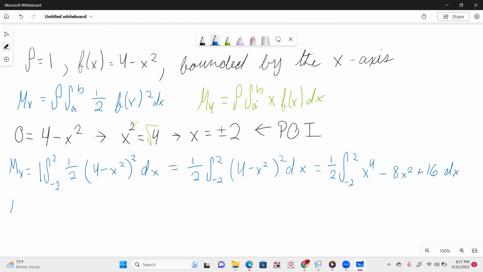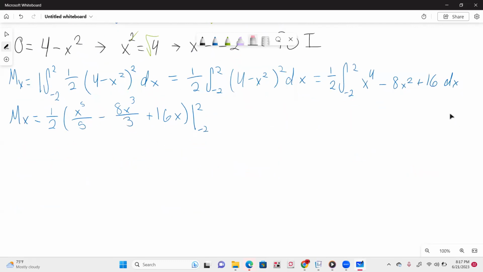So we have our mx is equal to half of x to the 5th over 5 minus 8x to the 3rd over 3 plus 16x. Remember, it's a definite integral from negative 2 to 2. Actually, let's give this a little more space. Let's just scroll down. Cool.